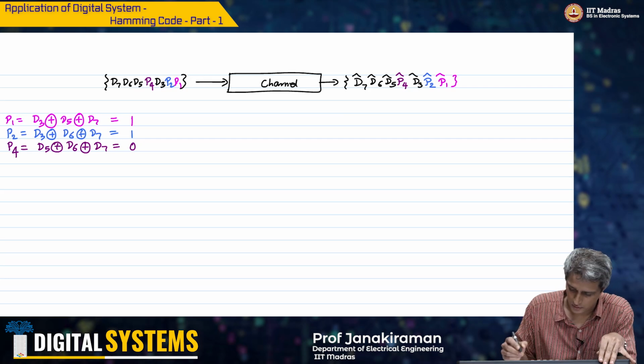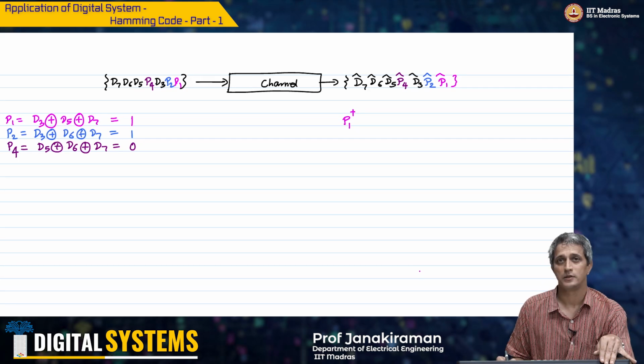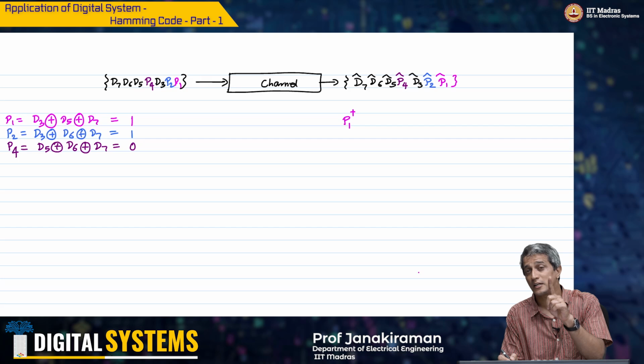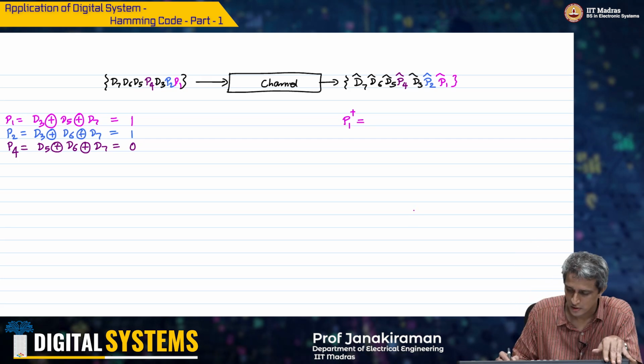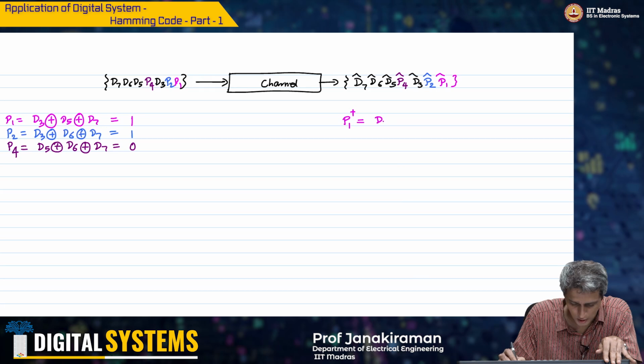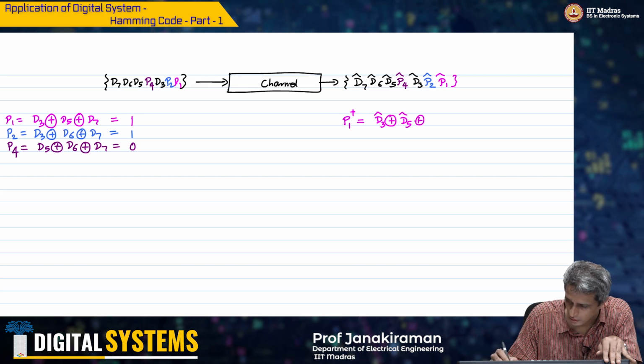Let me call this P1 dagger, the parity based on the received bit stream. It is going to be D3 hat XOR D5 hat XOR D7 hat.